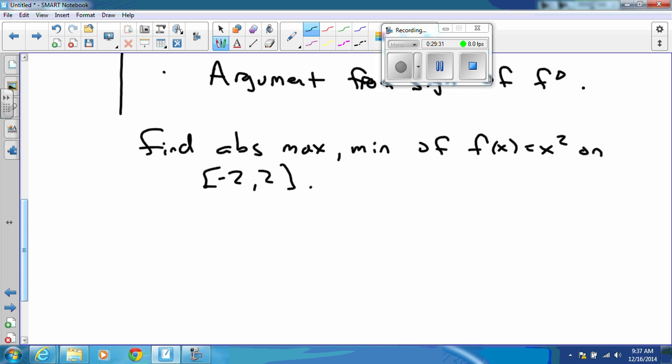Tell me how that goes. For the endpoints, I evaluated them. Let's start with the critical points. I took the derivative of f of x, and I found it was 2x, set equal to 0. Aha.